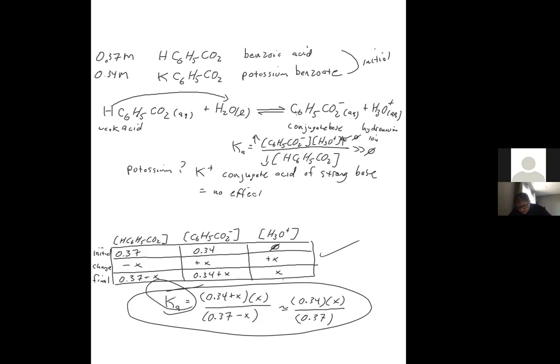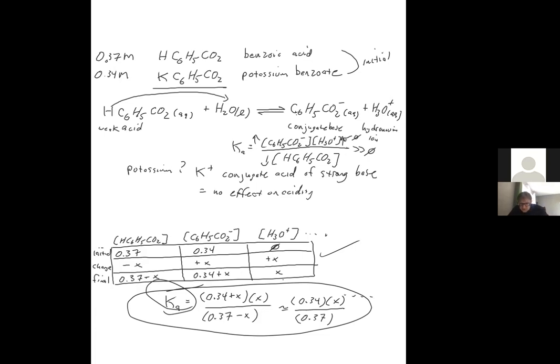So it's in there. But notice a lot of these problems, sodium and potassium. So you're putting in potassium benzoate or sodium benzoate. Sodium and potassium are the conjugate acids of strong bases. So they're in the salt, but they have no effect on acidity. That means we don't need to worry about them in the equation. We don't need to worry about them in the calculation.